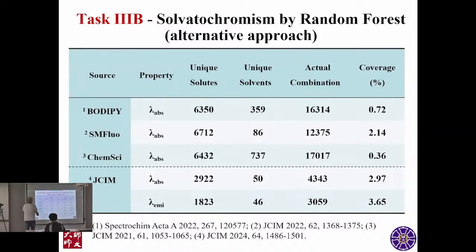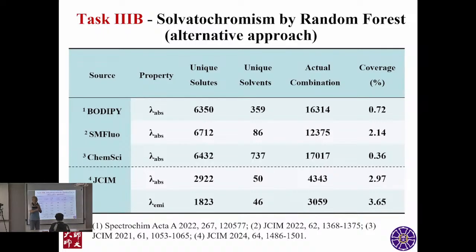I can show you here. For a typical data set like this one, it has 6,000 unique solutes, and it used 359 solvent types. So theoretically, the number of combinations should be this number times this number.